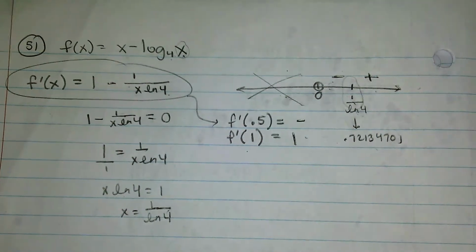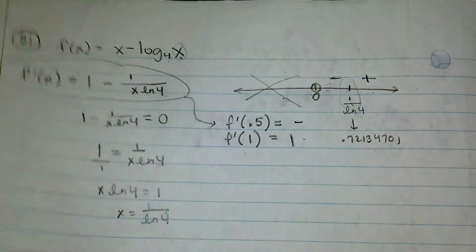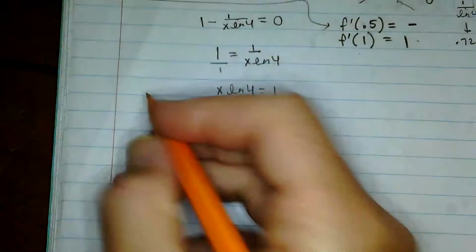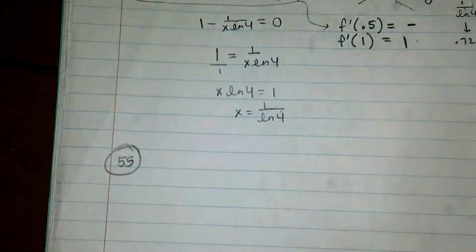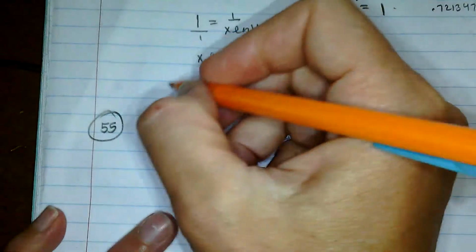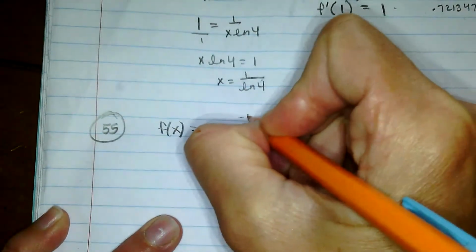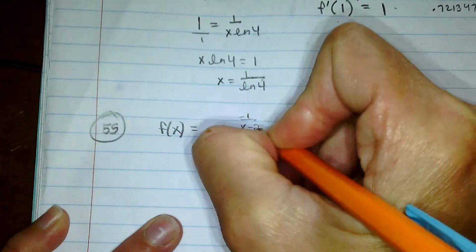Perfect. And then I had one more, was it 55? Same set of directions. The function was e to the negative 1 over x minus 2. So this is going to be a chain rule.